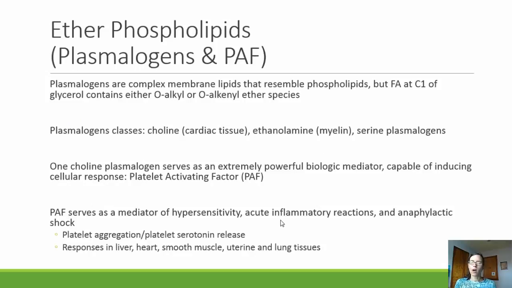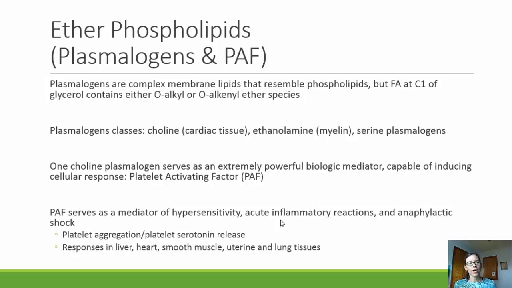Okay, so again, I'm just going over important fats in our bodies and in our diets. So we also have our ether phospholipids, including plasmalogens and platelet activating factor. Again, there's many types of fats in these categories, but I'm just focusing on the ones that are important and that you'll see clinically. These ether phospholipids include plasmalogens, which are complex membrane lipids, but the fatty acid at one of the carbons contains just a different group.